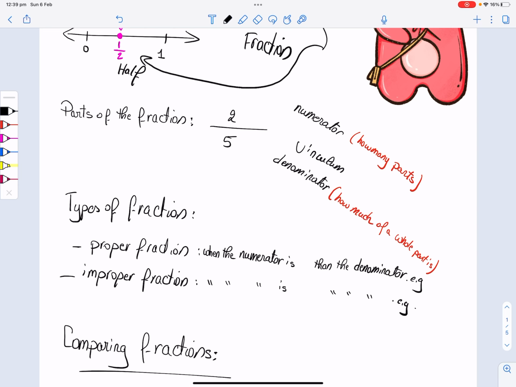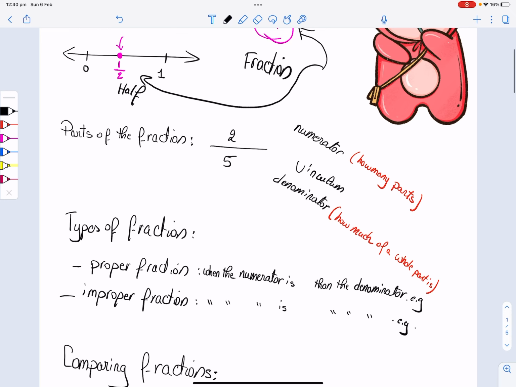Okay, let's talk now about the parts of the fraction. We have the numerator, which is this one. We have this line, which is called the vinculum, and this one is called the denominator. So every fraction is composed of a numerator, denominator, and vinculum.